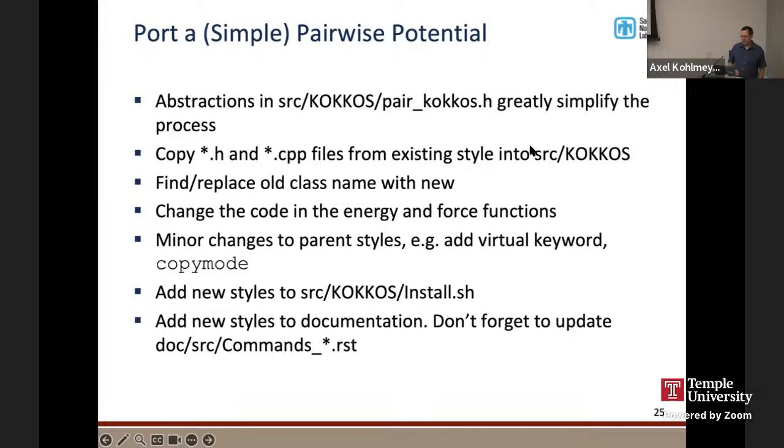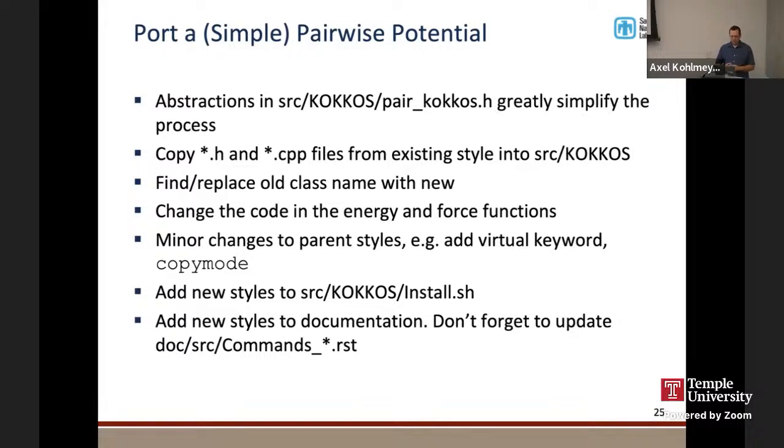You're going to have to decide if you would rather copy some existing Kokkos pair style, or you want to copy the existing CPU, like the vanilla C++ style. Then you're going to do some find and replace on the old class name with the new. And then with this abstraction, you only need to change code in the energy and the force functions. And I'll show an example of this in a minute.